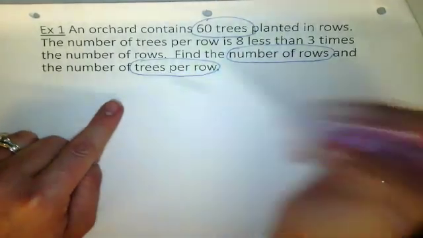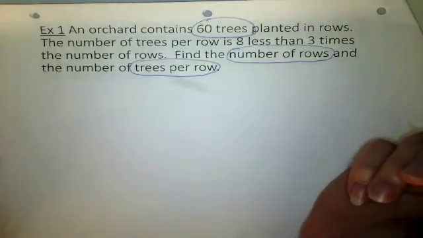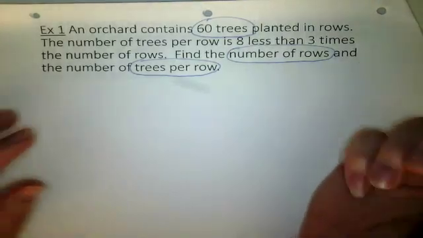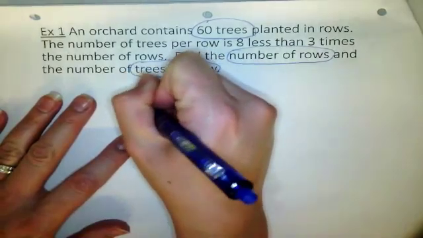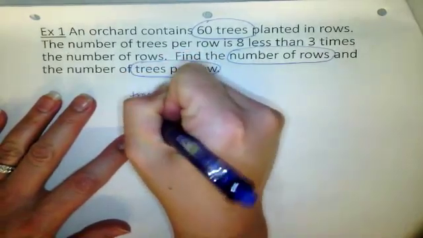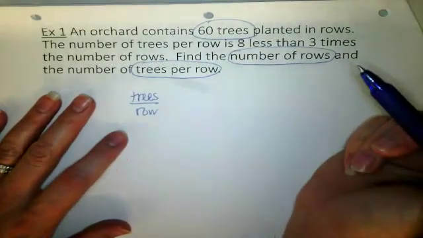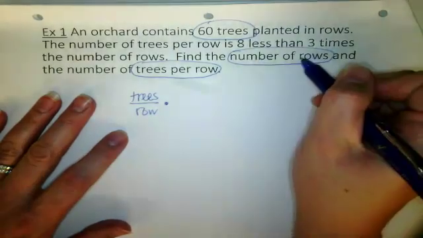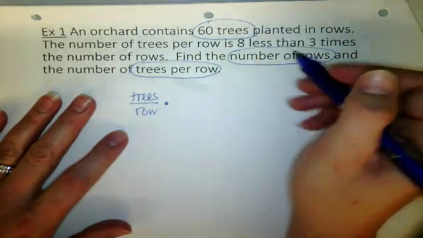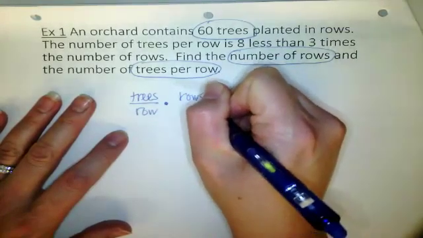Well, trees per row is a fraction. And so when I read trees per row, I actually think that I convert it to a math statement. Trees per row times a number of rows, what happens?